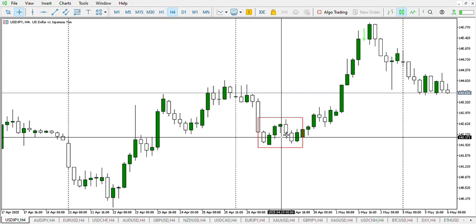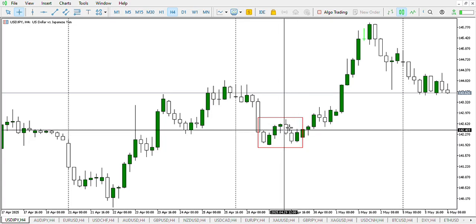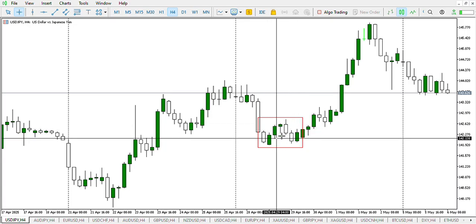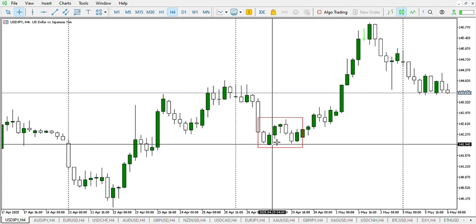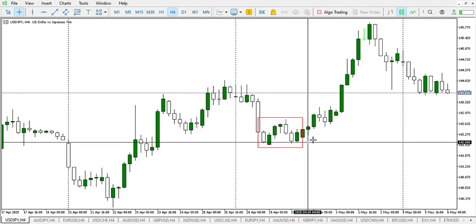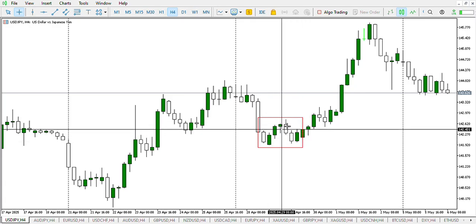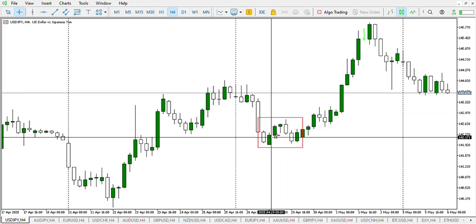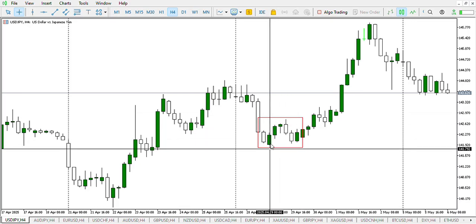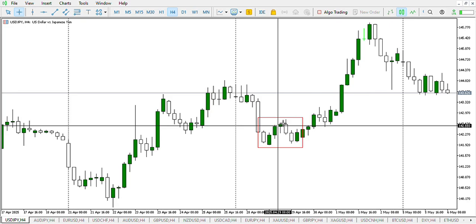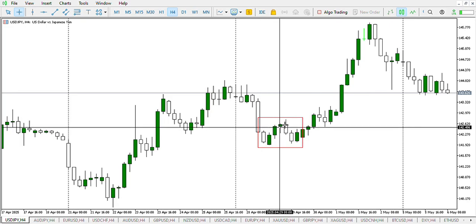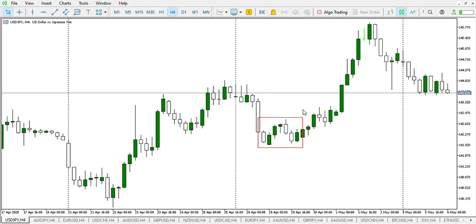Just merely seeing a candlestick forming is not enough signal yet until it closes, because we have strong buyers in this zone. Before you buy you need to rely on stronger buyers, because right here you have stronger buyers that have already bought the price up to this level. So seeing this candlestick formation, we are aware that there are stronger buyers right here in this zone.